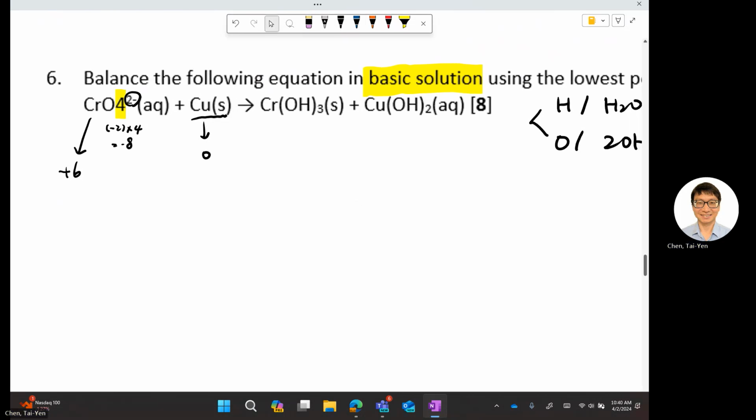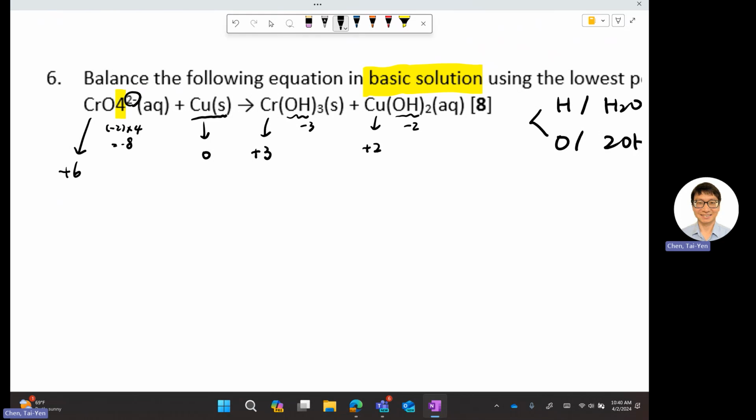Cr(OH)3: OH carries -1 charge, 3 of them give you -3, therefore your chromium in this case will be +3, so that the overall molecule will be neutral, right? Similarly, Cu(OH)2: OH is -2, therefore your copper will become +2.